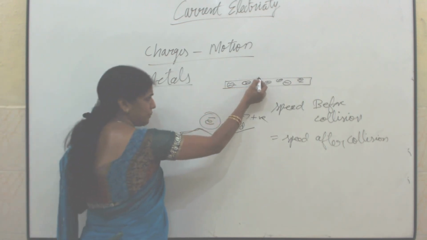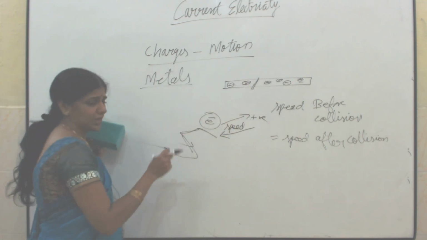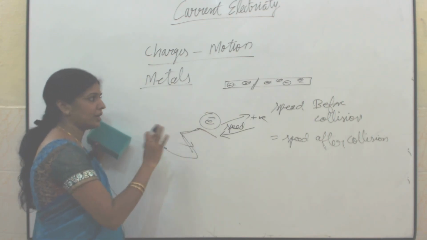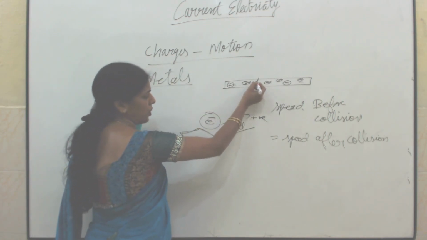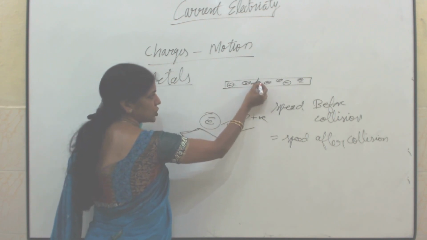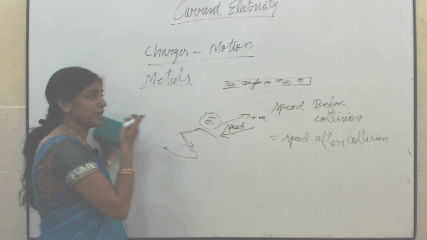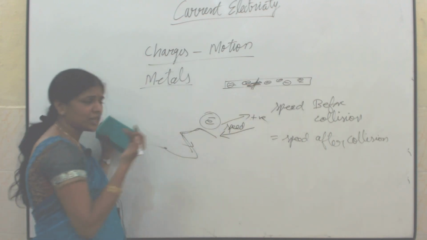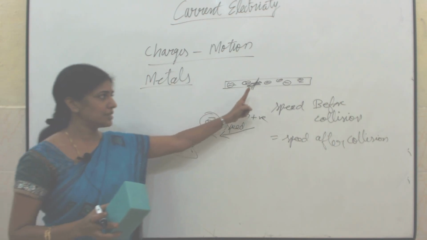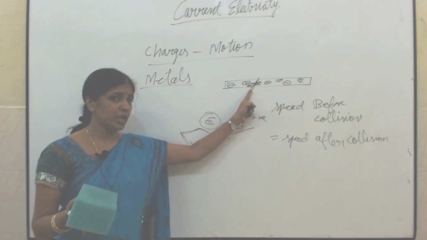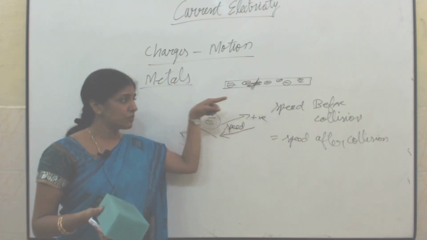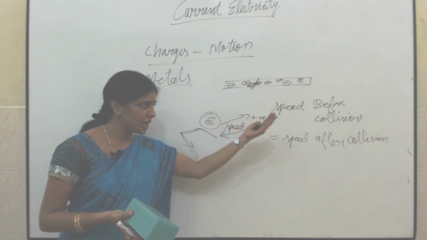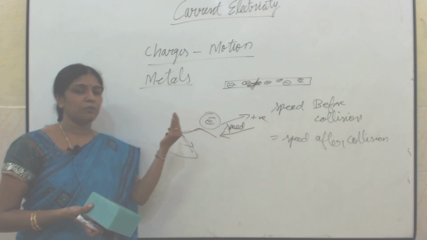So, you take any point in this conductor. Since these electrons after collision are moving in a random manner, at any point, the number of electrons crossing this point with a given speed will be equal to the number of electrons traveling in the opposite direction. So you take this point. Many electrons will be traveling through it. With the speed they travel in this particular direction, with the same speed they will travel in the opposite direction.